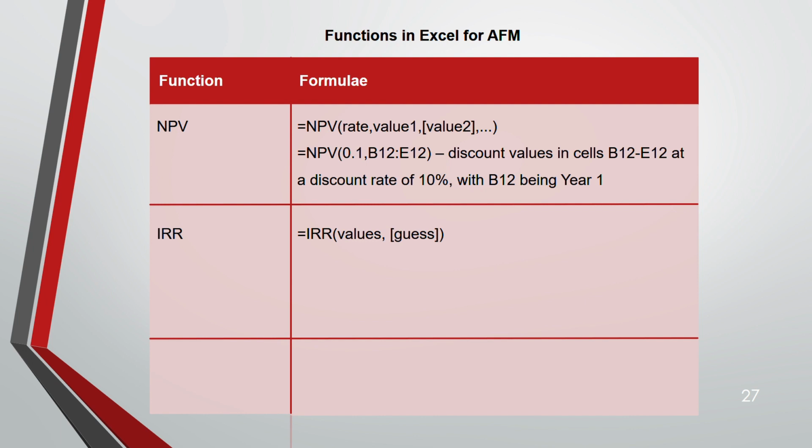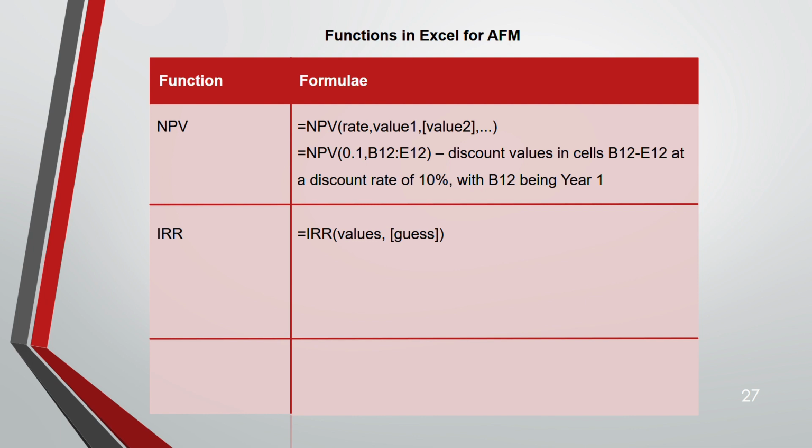So tell me, should IRR be more or less? IRR means you are trying to bring net present value to zero. A rate where net present value is zero, no positive, no negative. So you have to bring that positive net present value down. So the discount rate should be more than 10%. Higher the discount rate, lower the net present value. Lower the discount rate, higher the net present value.